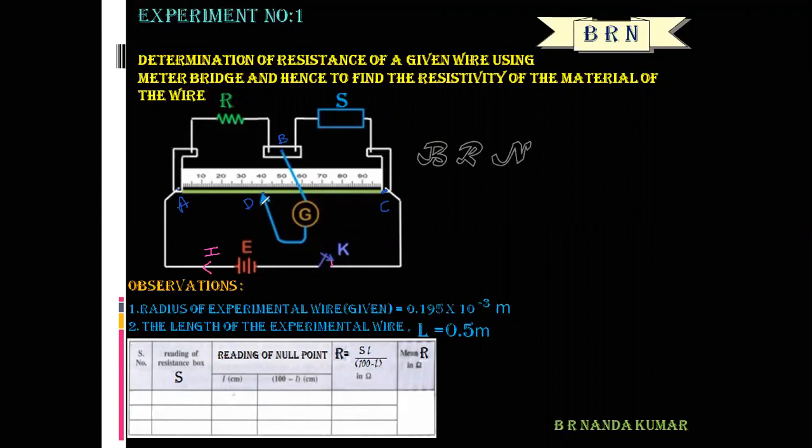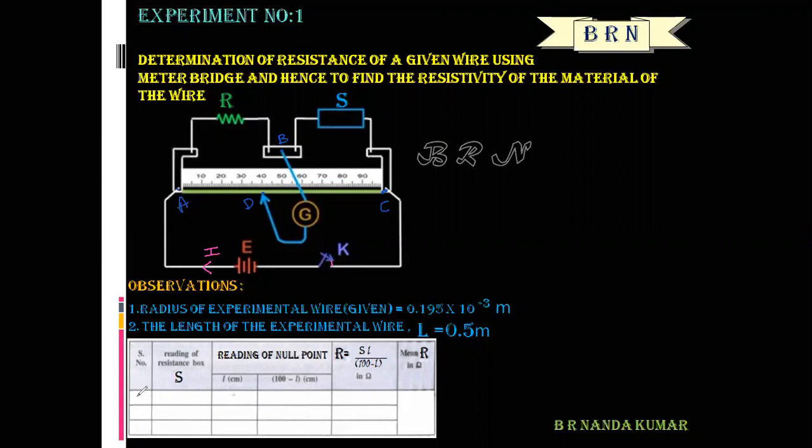The jockey is gradually moved on the bridge wire until the galvanometer shows null deflection. First, a suitable resistance is unplugged from the standard resistance box.